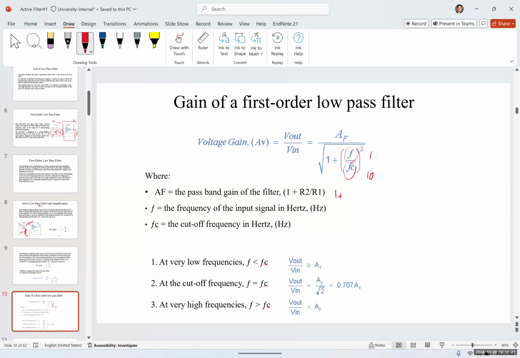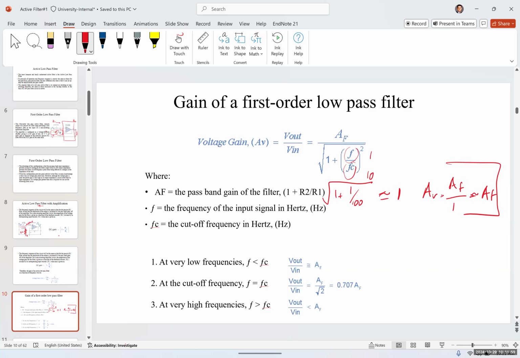So now you're going to have the square root of 1 plus 1 over 100, which is going to be very, very close to 1. You agree? Therefore the gain, AV, is going to be AF over 1, which is almost equal to AF. So when the frequency is pretty low, the gain is determined by the gain of the op amp, okay?